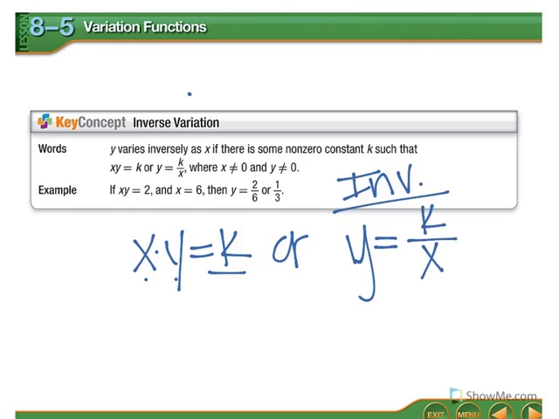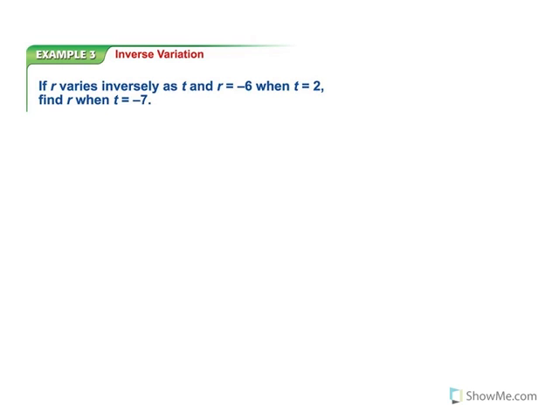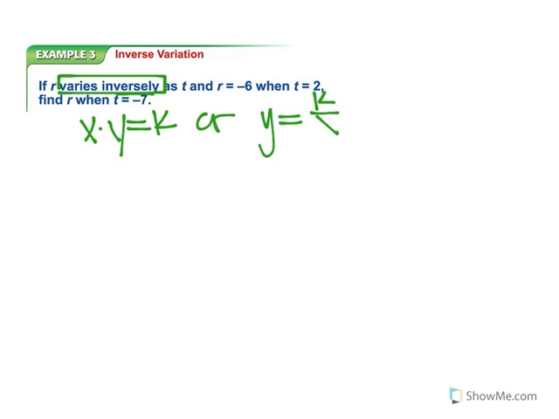So let's actually try an example. Here it says r varies inversely as t and r equals -6 when t is 2. Find r when t is -7. All right, so we have to look at our vocabulary, and it says it varies inversely. So that tells me I'm going to use the formula x times y equals k, or y is equal to k divided by x.